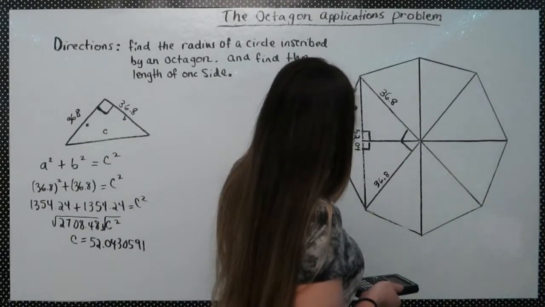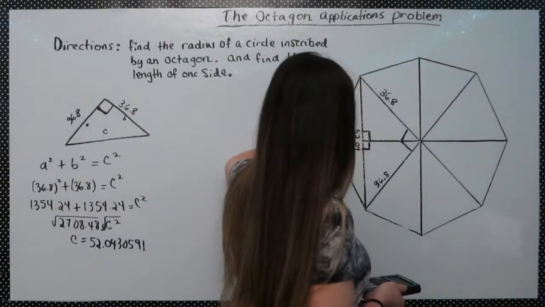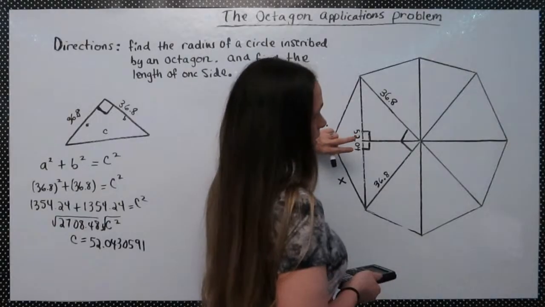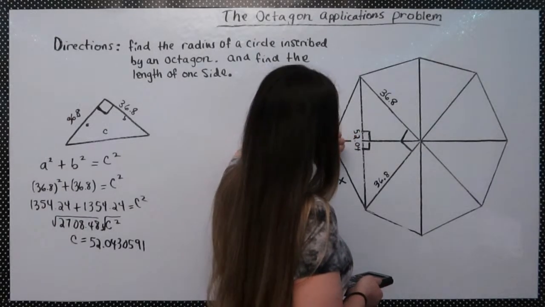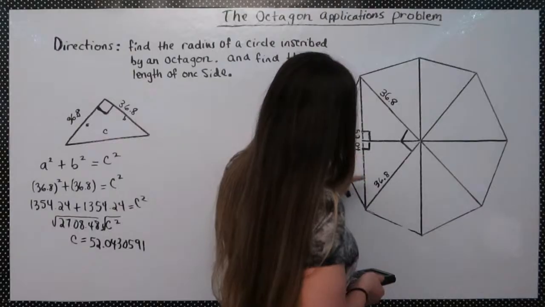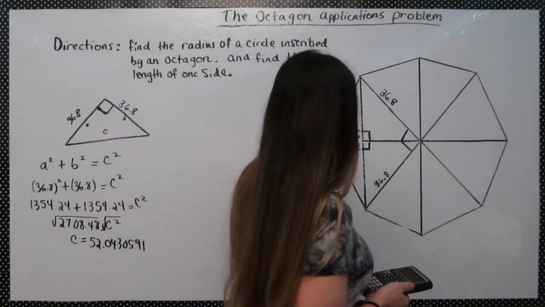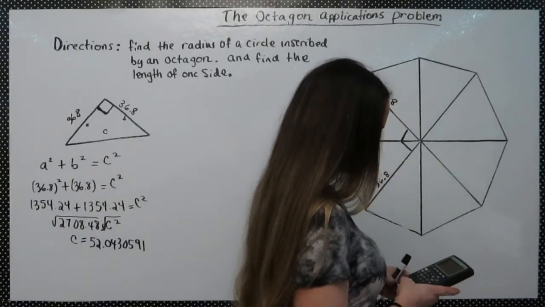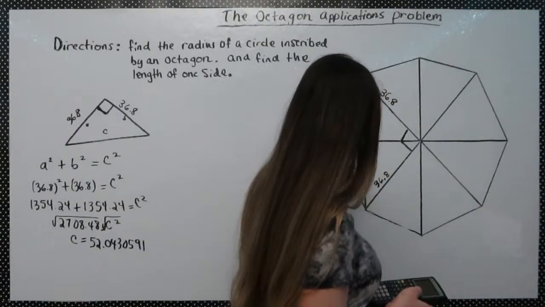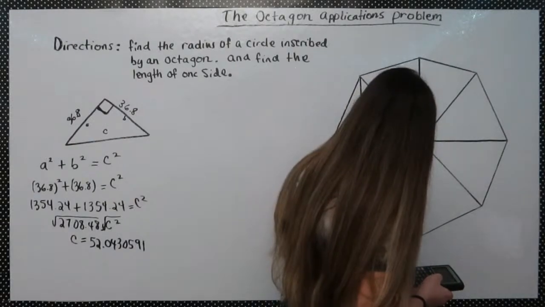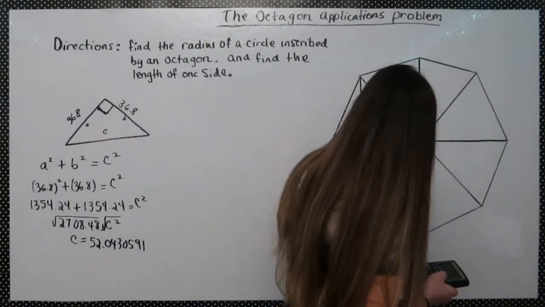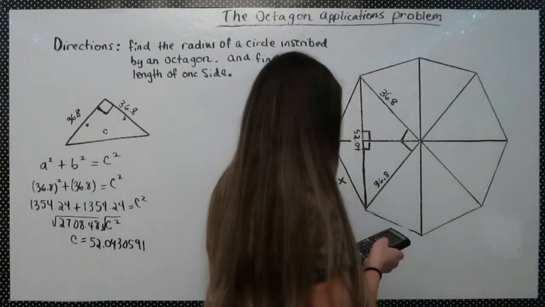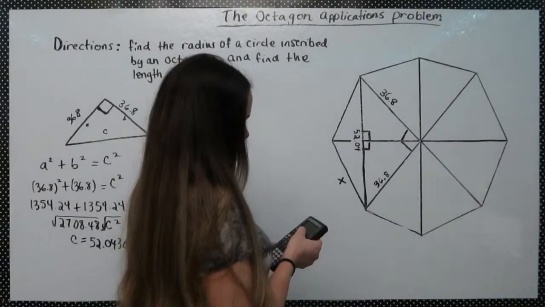Since a perpendicular bisector bisects a line segment into two equal parts, if this entire line segment is 52.04, then divided by 2 gives me one of these side lengths. So this side length here for this smaller triangle is 26.02.